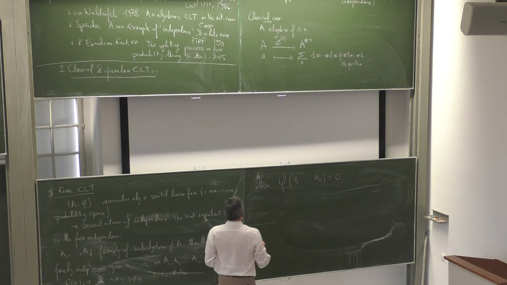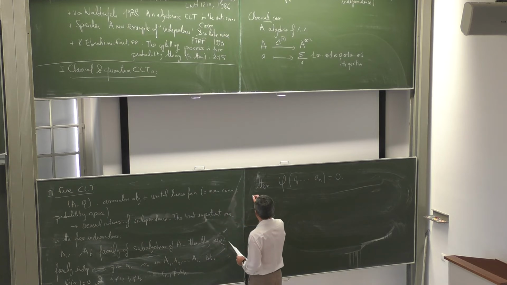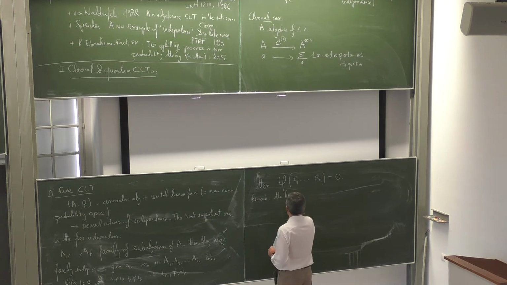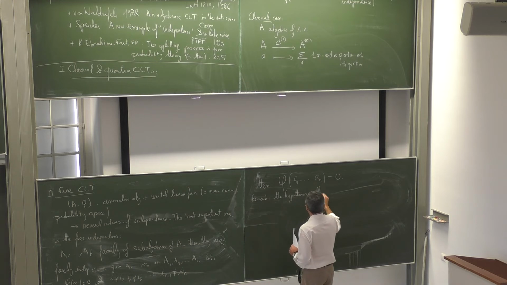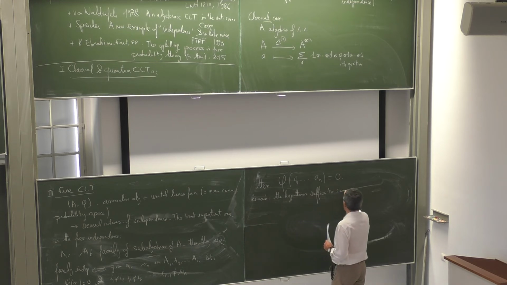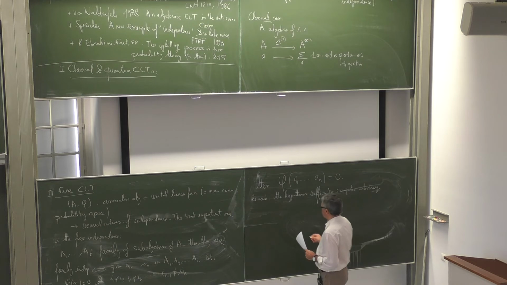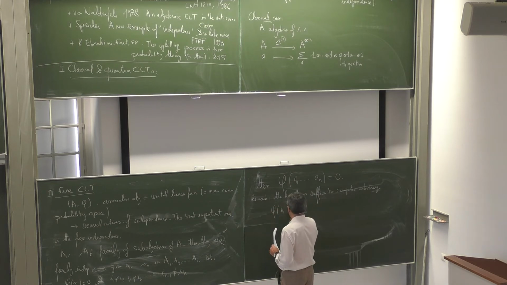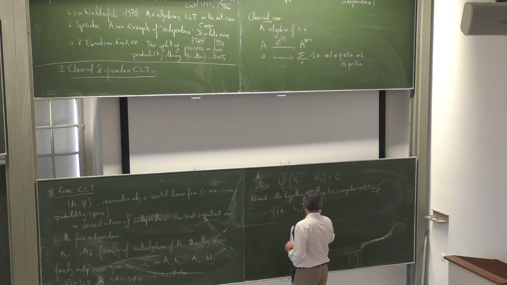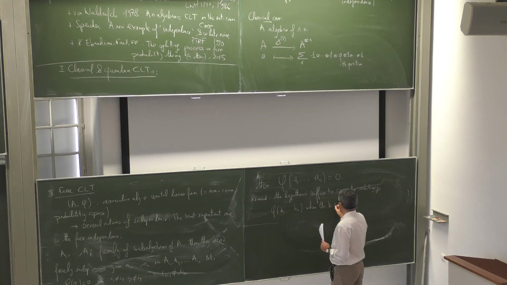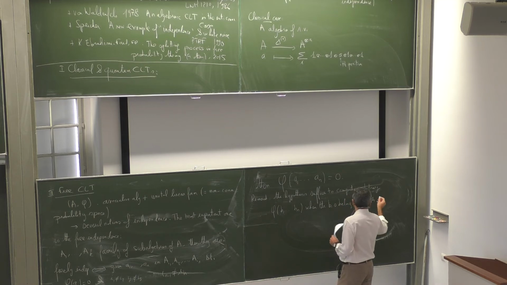And so one point is that this hypothesis is enough to compute an arbitrary product, or more exactly, the expectation of arbitrary products when the BIs belong to some AJ.